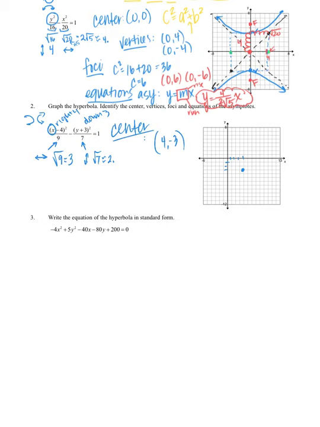So let's get the rest of my rectangle built here. 1, 2, 3, up 2 and a little bit, down 2 and a little bit. And again, I know that my vertices are those two points because I'm opening up to the left and to the right. So I'm going to connect this to make my little rectangle.